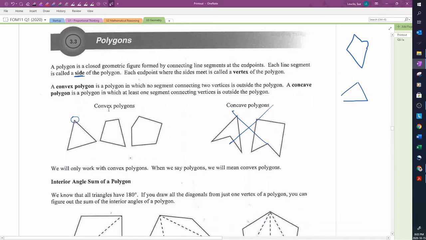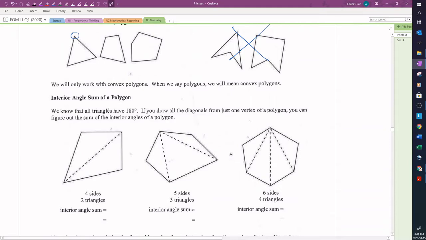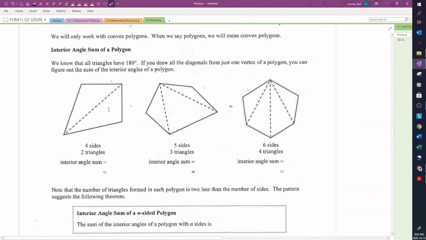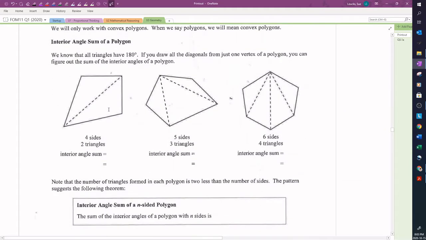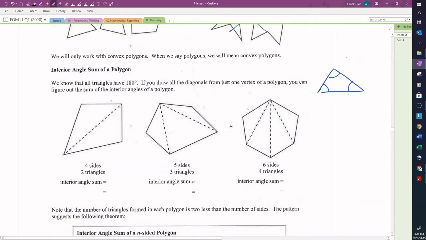Okay, let's talk about the interior angle sum of a polygon. We know that the interior angle sum of a triangle is 180 degrees, right? We know that the inside angles of any triangle add up to 180 degrees. So if we were to take a four-sided polygon and cut it down from one vertex to the opposite vertex so that we have two triangles, well, if we look at this upper triangle, we know that those three blue angles equal 180 degrees.